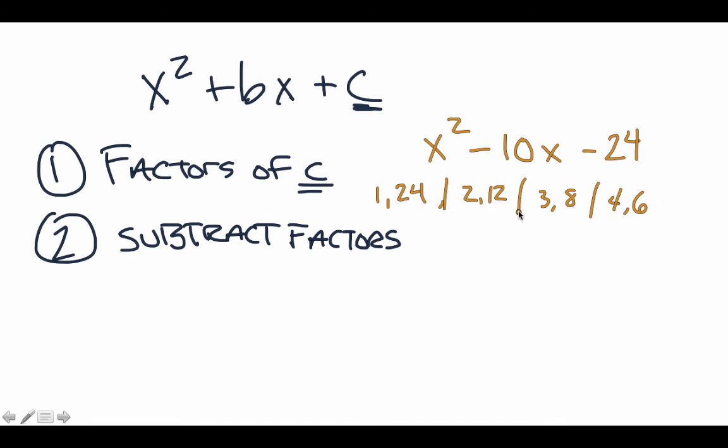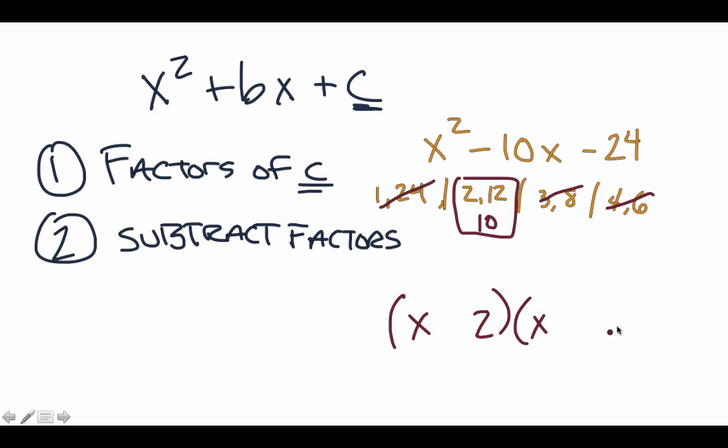And I'm going to subtract these numbers. 24 minus 1 is 23. That's not 10. 8 minus 3 is 5. That's not 10. 6 minus 4 is 2. That's not 10. 12 minus 2 is 10. That's the one I want. So I'm going to write x with a 2 and x with a 12.